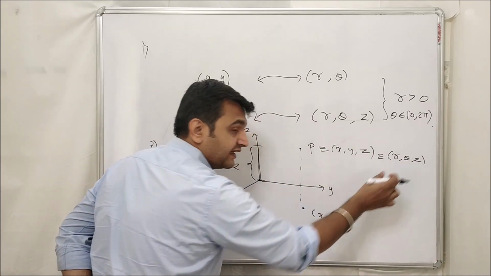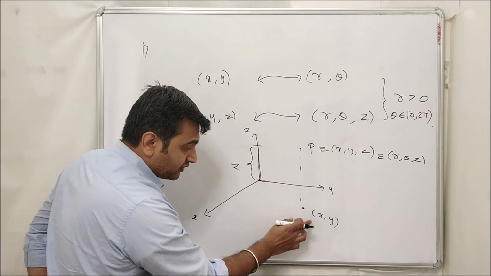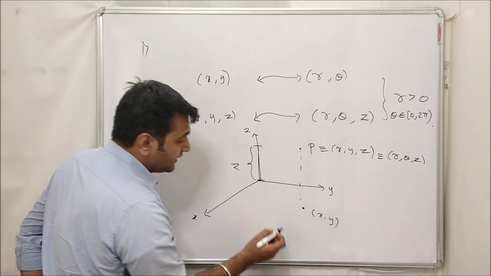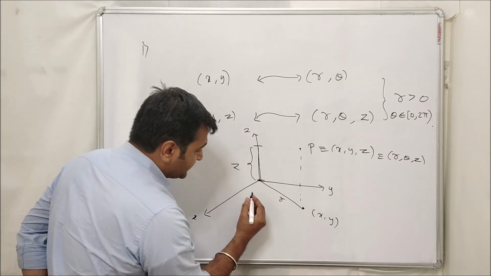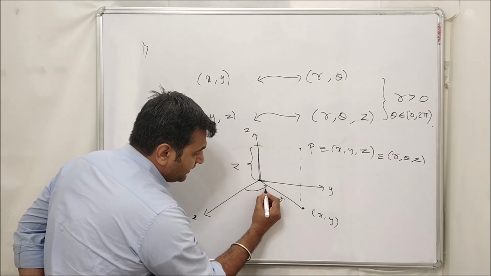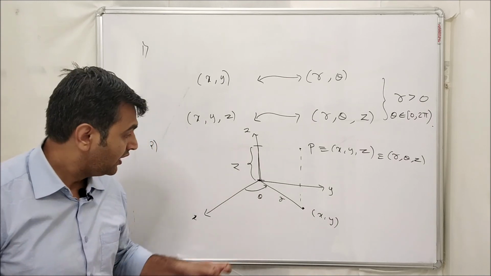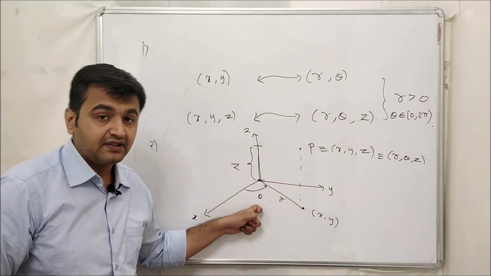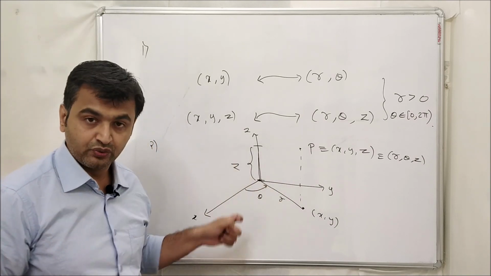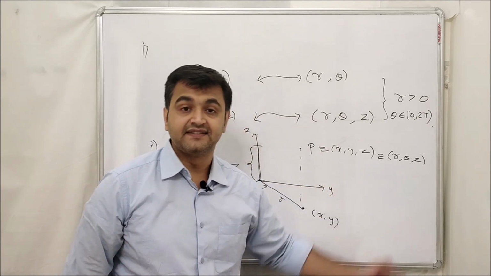Now how will you find r and theta? You project this over here, and for this x comma y, you take its distance from the origin, which is r, and theta is the angle made in the anti-clockwise direction with respect to the positive x-axis. So this is how you find r, this is how you find theta, and z is already given to you.